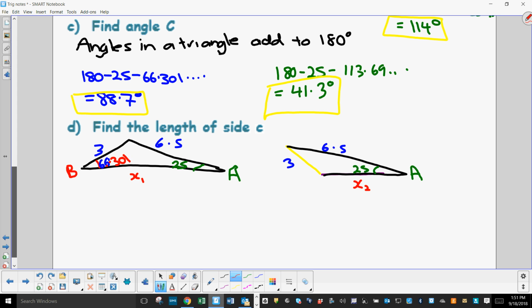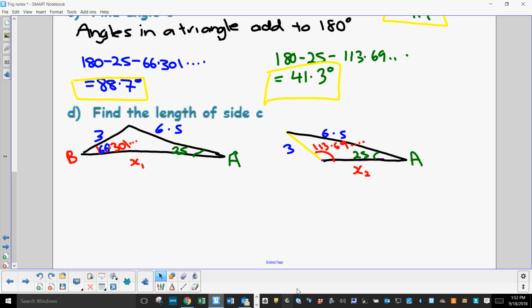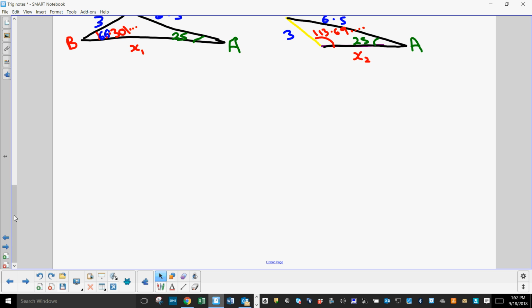Or you could use the obtuse version, which was 113.69 dot dot dot. Feel free to use cosine rule or sine rule if you want. We might find we get a slightly different answer. I think I'm just going to use sine rule.